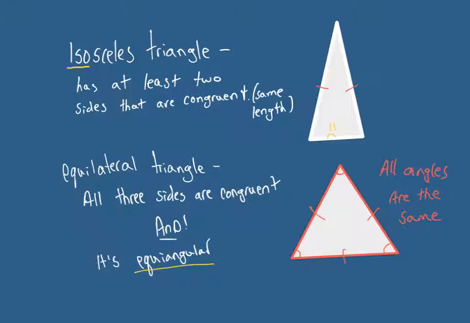Of course, the third one that we don't have to take notes on, or that is not in your book, but is one to go over, is a scalene triangle. And a scalene triangle is one where it doesn't have any sides that are the same or any angles that are the same.